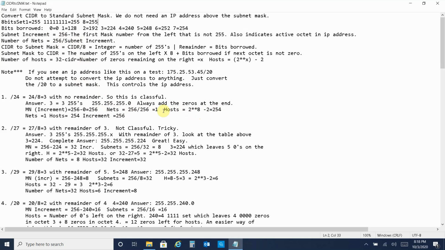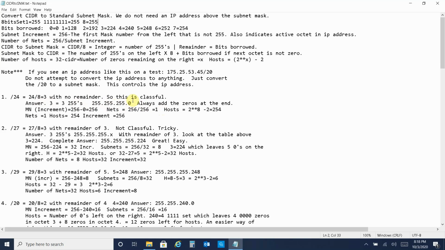So the hosts are the zeros left over at the end. To understand this, if we look at 255.255.255.0, we know that we have 8 zeros left over.